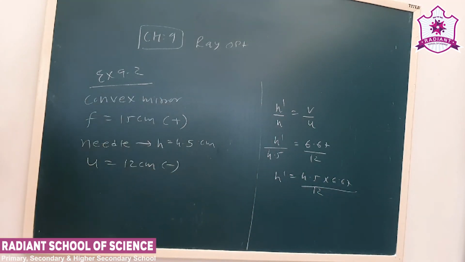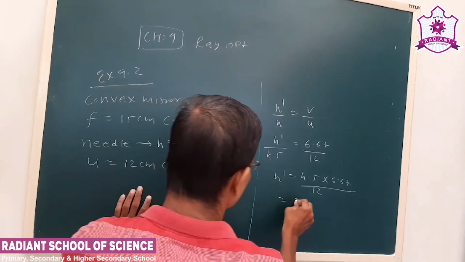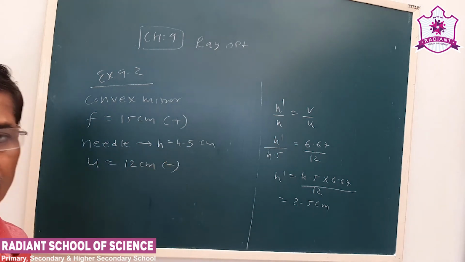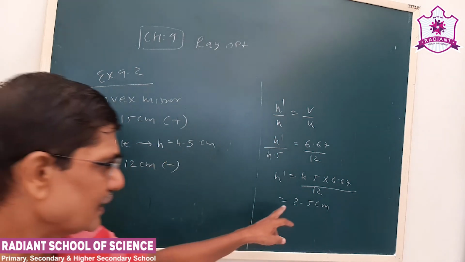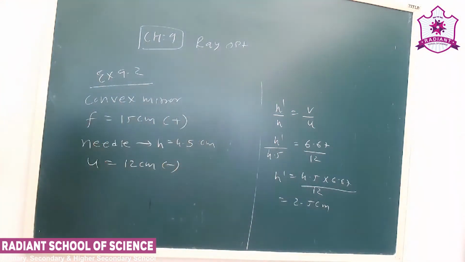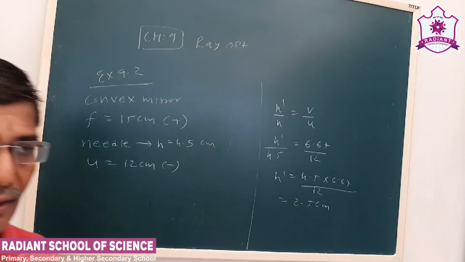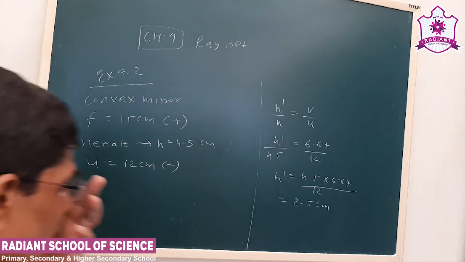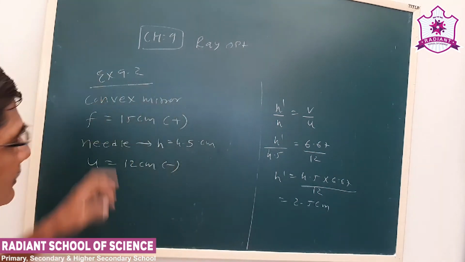If we solve, we get the answer 2.5 centimeter. So the height of the object is 4.5 centimeter and the height of the image is 2.5 centimeter. The image formed is smaller than the object. So this is about exercise number 9.2.